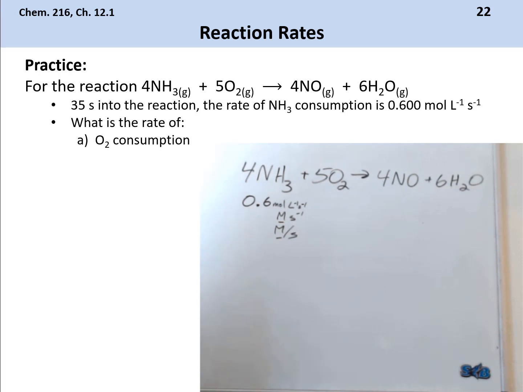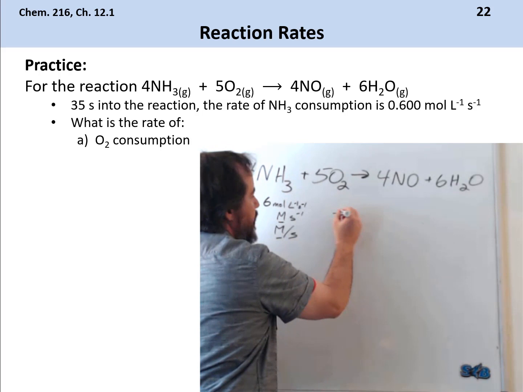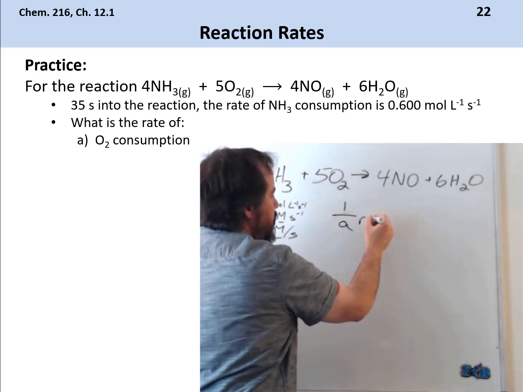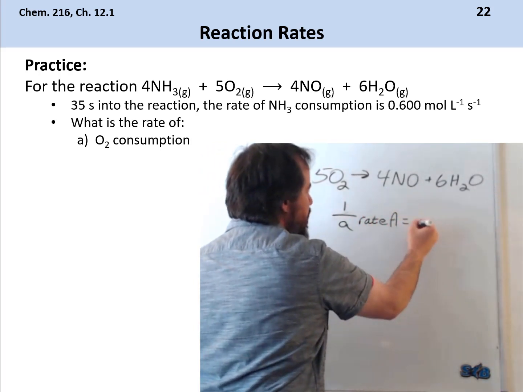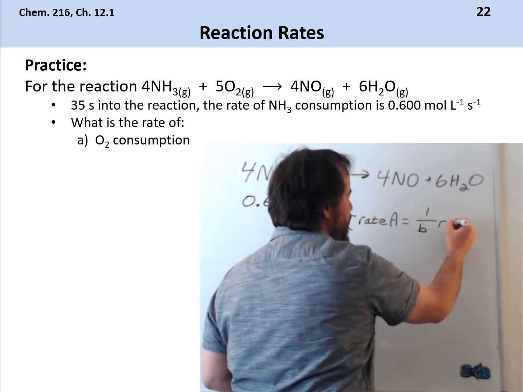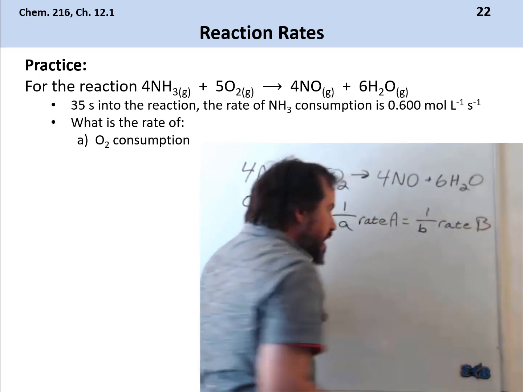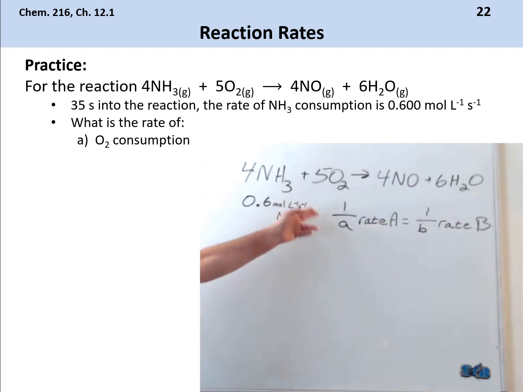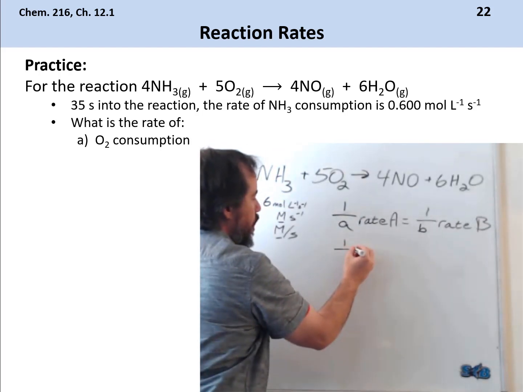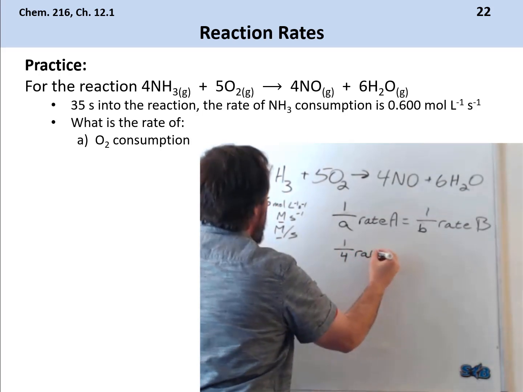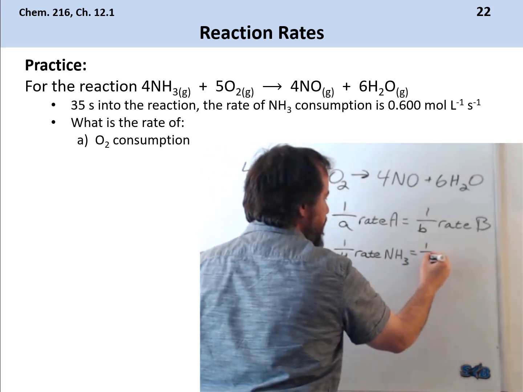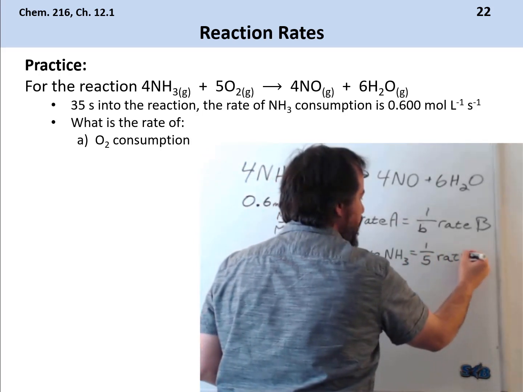So let's remember what we said. I said that 1 over a times the rate of A equals 1 over b times the rate of B. Now, these can be for anything. They can be for reactants or products. So what that means is 1 over 4 times the rate of NH3 equals 1 over 5 times the rate of O2.